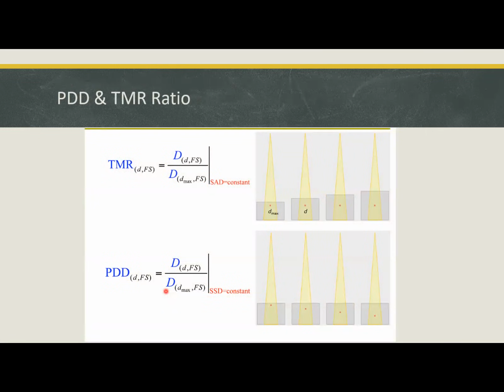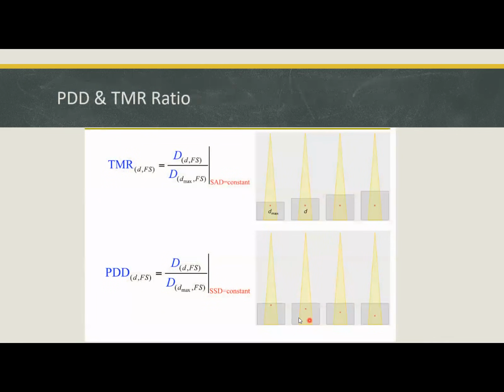So PDD and TMR ratio. Here you can see the source to axis distance is the same and the SSD is varying. The dose at depth over the dose at Dmax is called TMR. Whereas here the SSD remains the same and the depth is different.